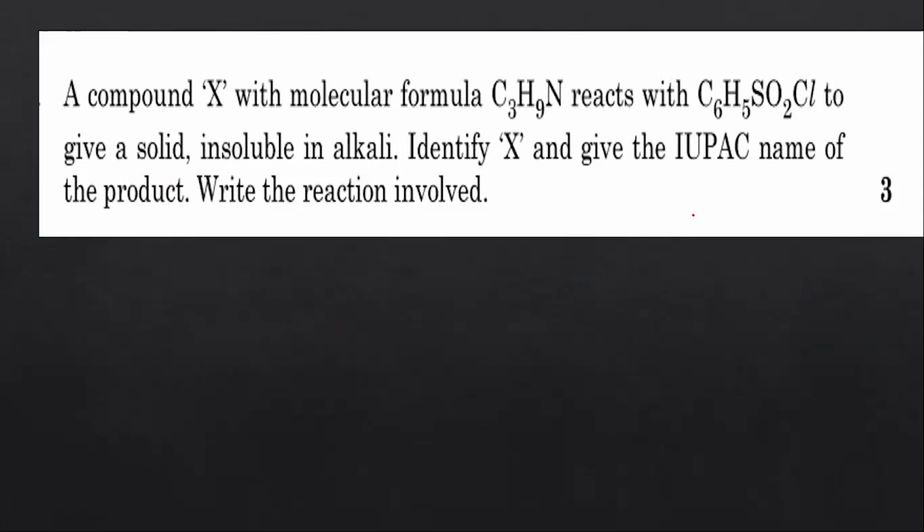Moving to the last question, a very simple question. A compound X with molecular formula C3H9N. So we understand that this is some amine. It reacts with C6H5SO2Cl. C6H5SO2Cl is what? It is Hinsberg reagent, to give a solid.